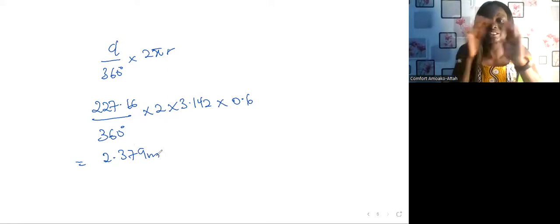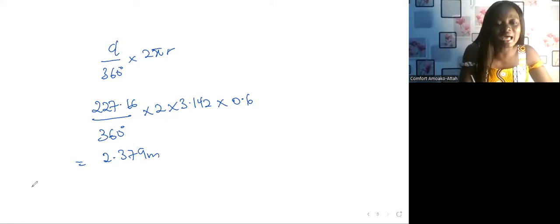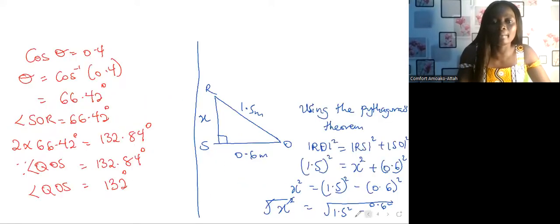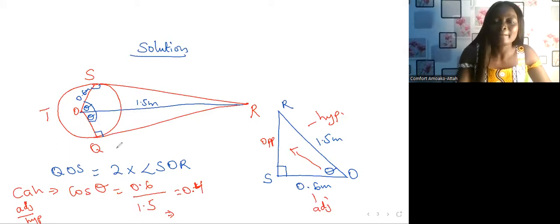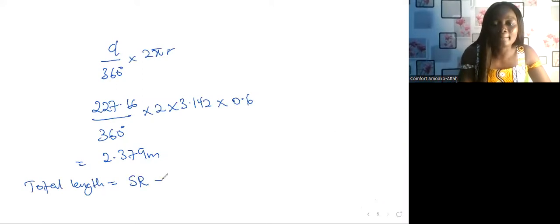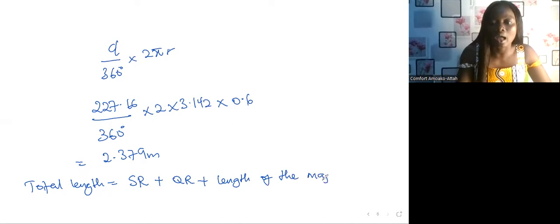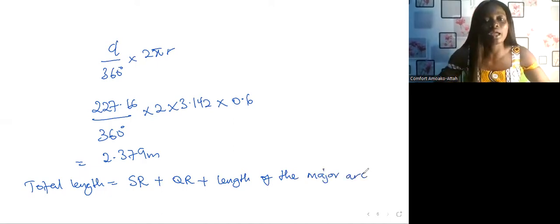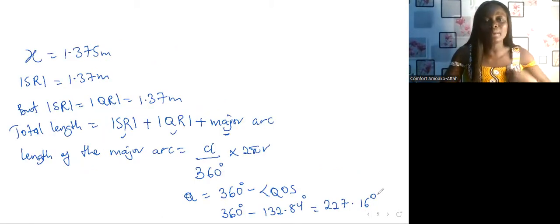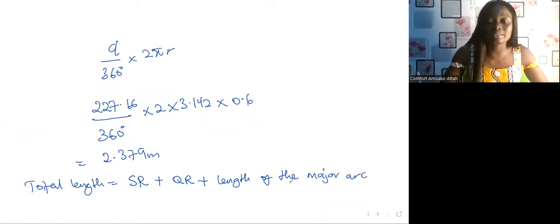Okay, so it is the total length. And as I said earlier on, the total length is equal to line SR plus line QR plus the length of the major arc. And now we know all the parts. What did we get for line SR? We had 1.37. So just do a simple substitution.